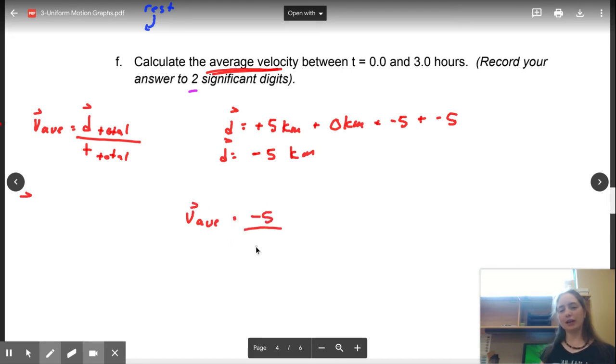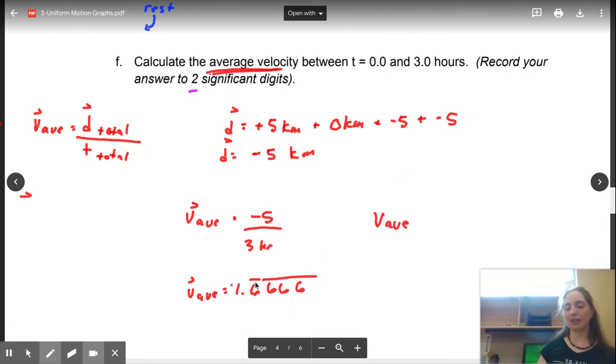And the total time, 3 hours. And that is going to give you, ladies and gentlemen, negative 5 divided by 3. It's going to give you 1.6 repeating. Well, we need to put this in 2 sig digs. 1.666666666, right?